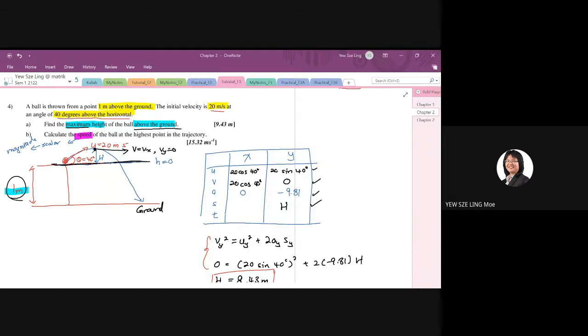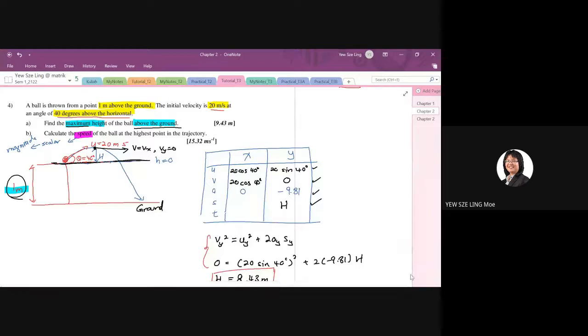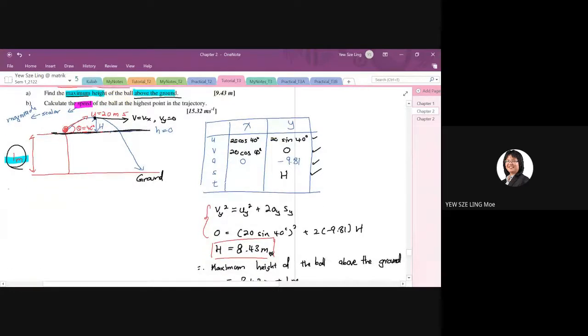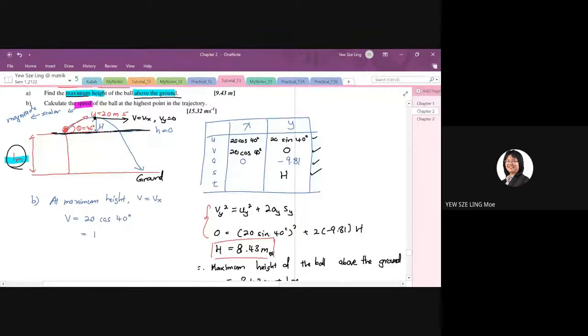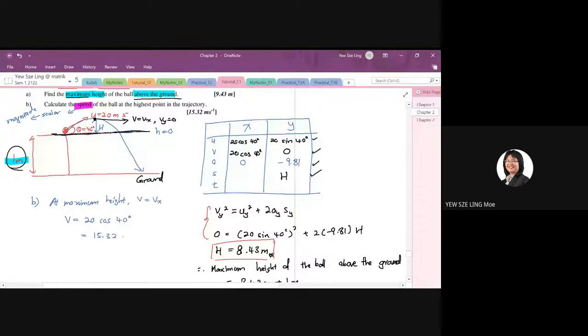So for the speed at maximum height, question B, at maximum height, we know that V equals VX. Therefore, V equals 20 cos 40 degrees, which equals 15.32 m/s.